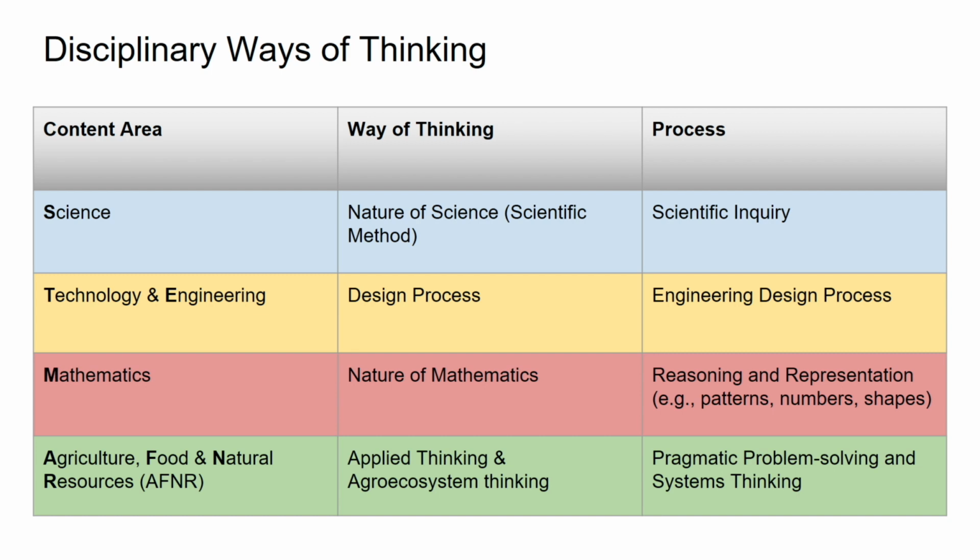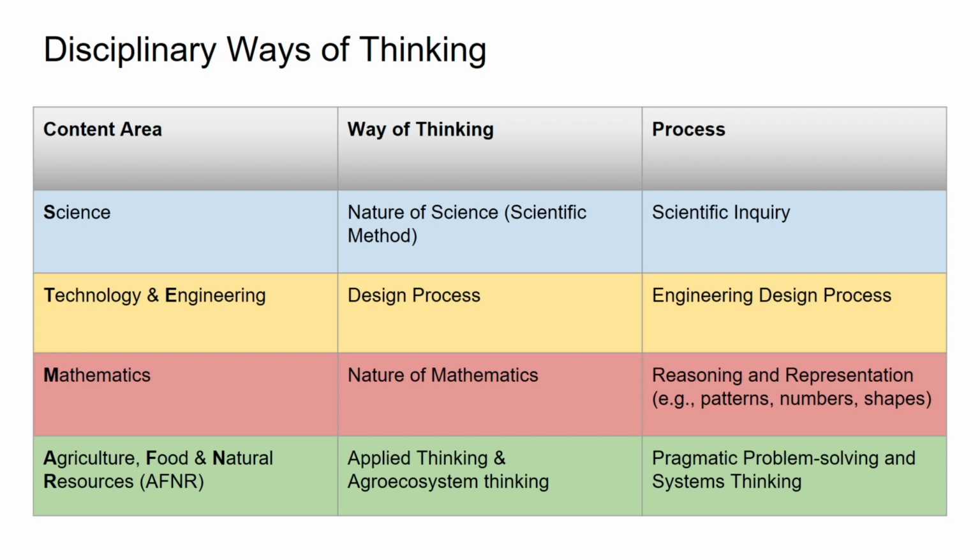And although this table does show you the 4 different content areas on the left-hand side, let's just walk through them quickly. For science, the way of thinking is known as the nature of science, or as some people have referred to it, the scientific method. The process they use to solve problems would be using scientific inquiry. And in the next few slides, we'll go through each of these and share with you what they look like.